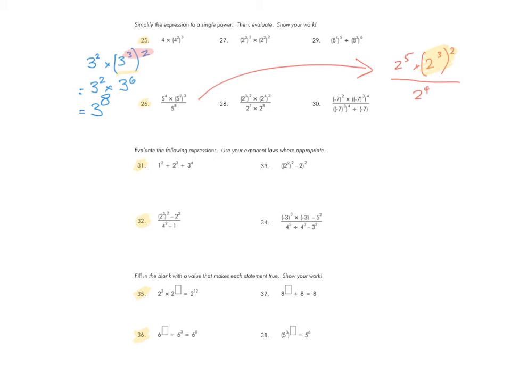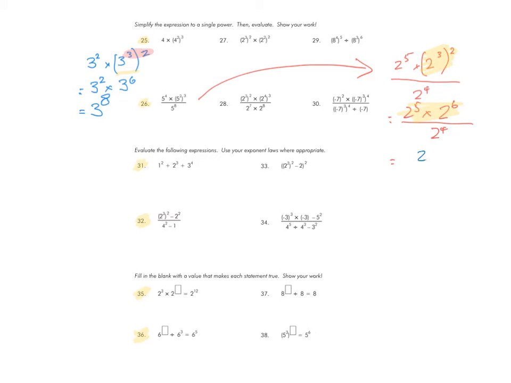So, multiplying the exponents, we get 2 to the exponent 6. We have 2 to the exponent 5 right there, and we have 2 to the exponent 4 on the bottom. In order to figure out what this is, we do the same thing we did for 25. So we just add those exponents.